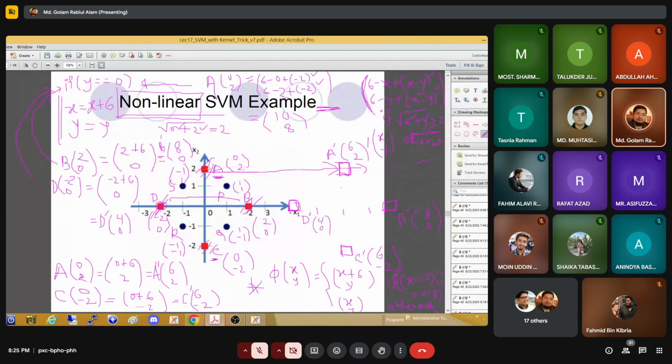So 10 steps, that means here is the 3, then 4, 5, 6, 7, 8, 9, 10. Okay, x direction 10, y direction 8. So that means 1, 2, 3, 4, 5, 6, 7, 8. Maybe we will get that data point here.